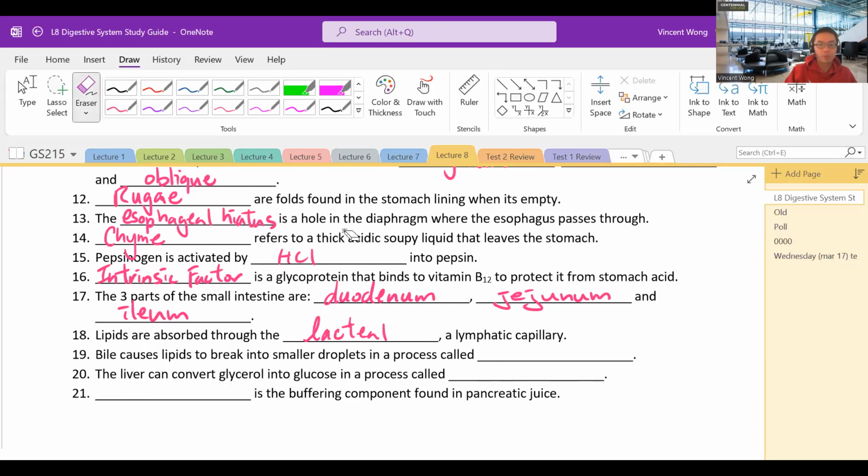Bile causes the lipids to break down into smaller droplets in a process called emulsification. When you are starving, the liver can convert glycerol into glucose in a process called gluconeogenesis.